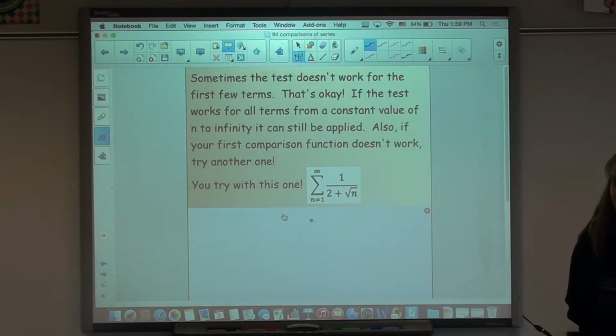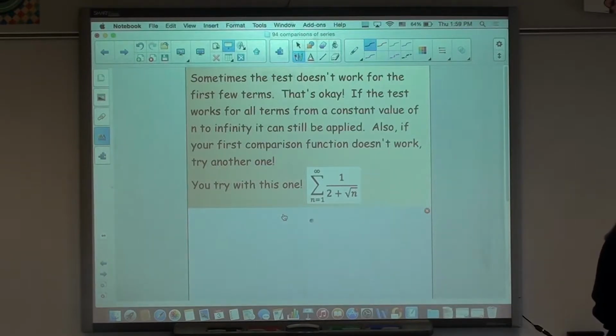No, just 1 over n. It diverges, probably. I'm saying 1 over n to the 1/2. Think about it. On the test, is it going to ask us to use a specific test? No. So if you have a different test that is easier to use with this one, you can absolutely use it.